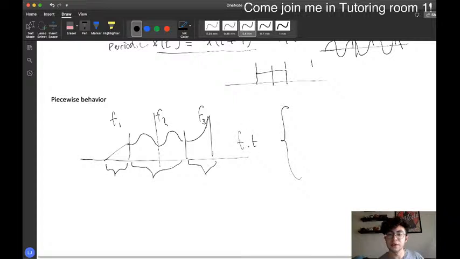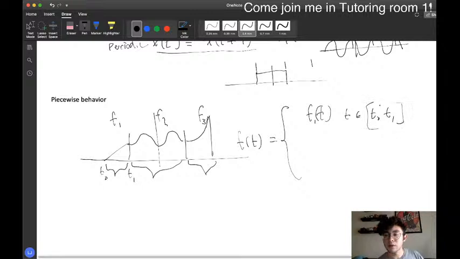So f of t is going to be acting like one function, f1 of t, within some region, say t between t0 and t1. Let's call those t0 and t1. So for t within t0 and t1, it's going to be acting like this function.